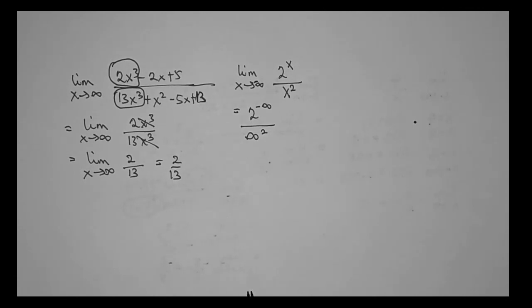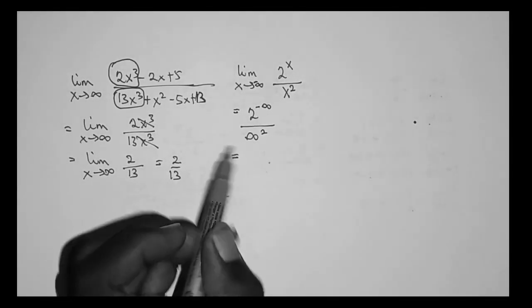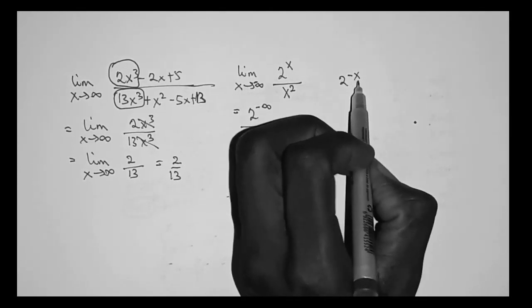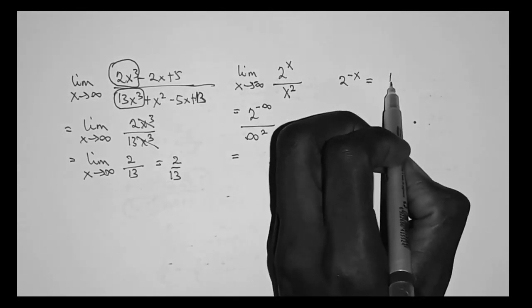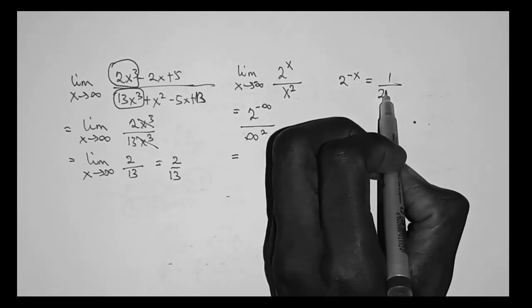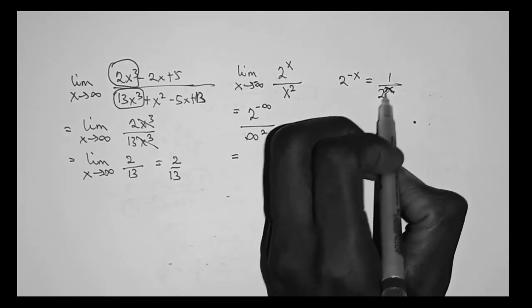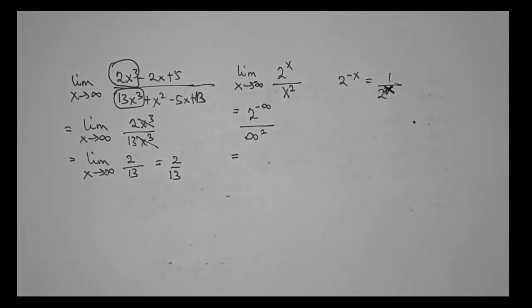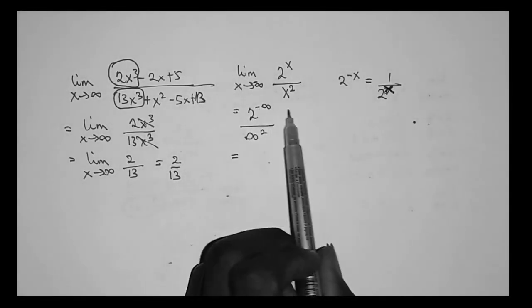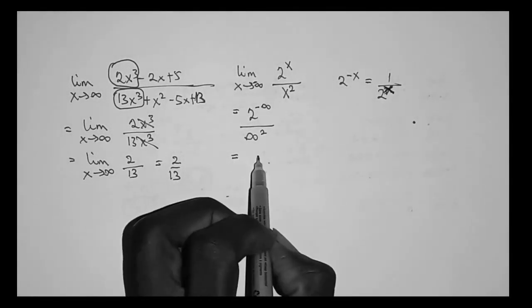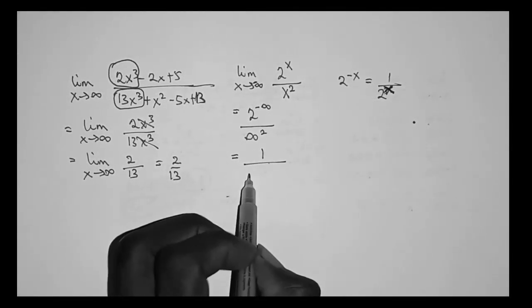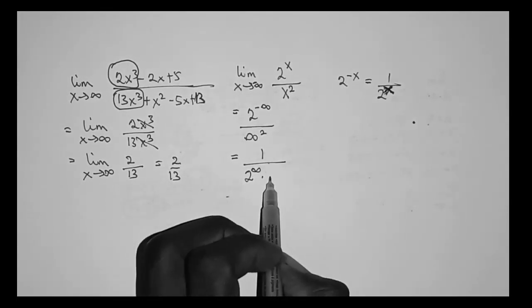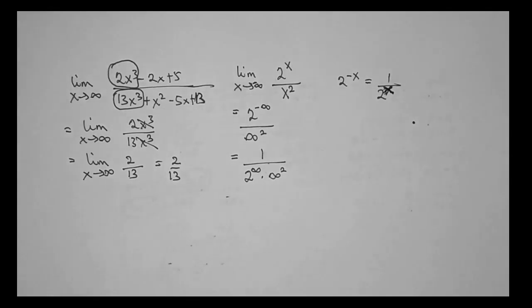What does this mean? You will see that 2 exponent minus x is equal to 1 over 2 exponent x. And therefore, 2 exponent minus infinity is equal to 1 divided by 2 exponent infinity times infinity squared.